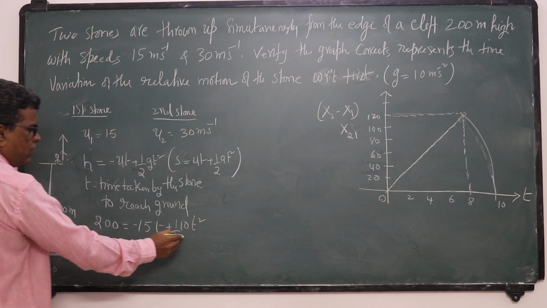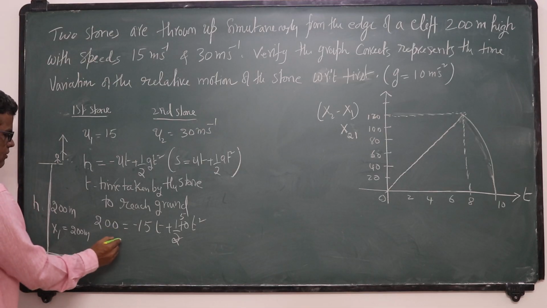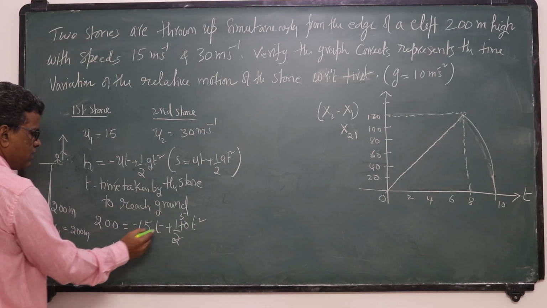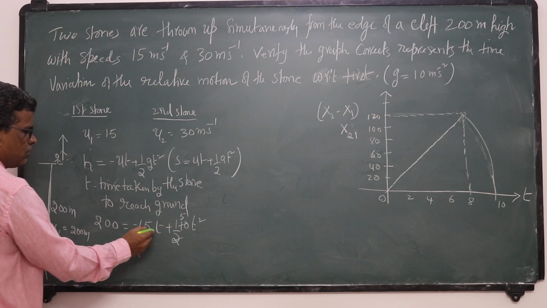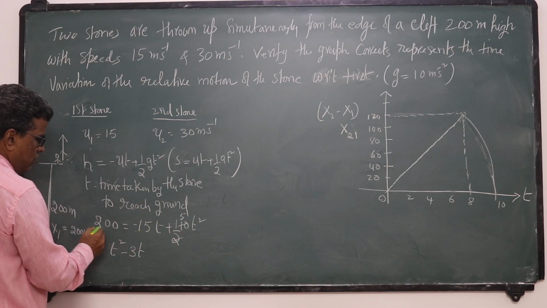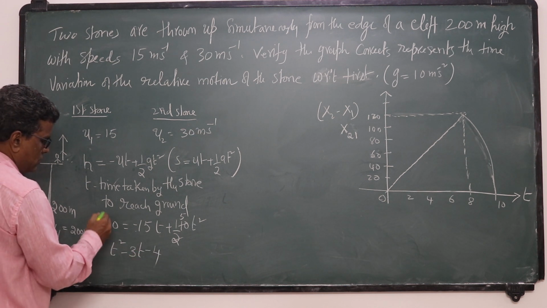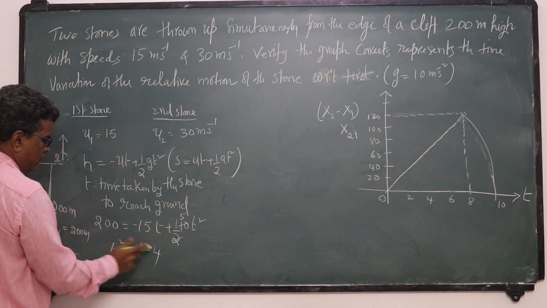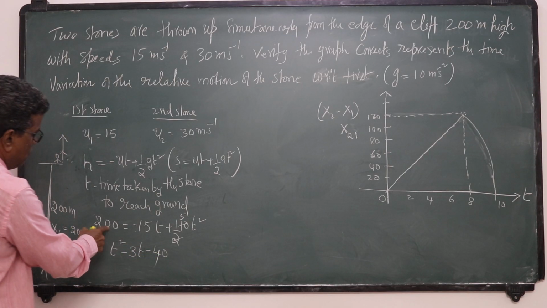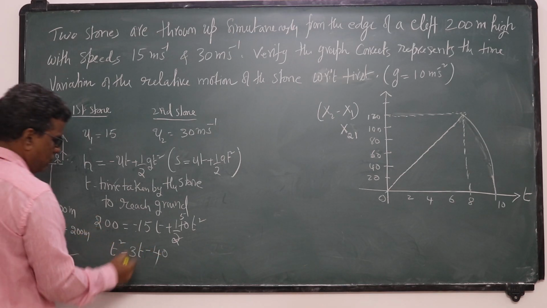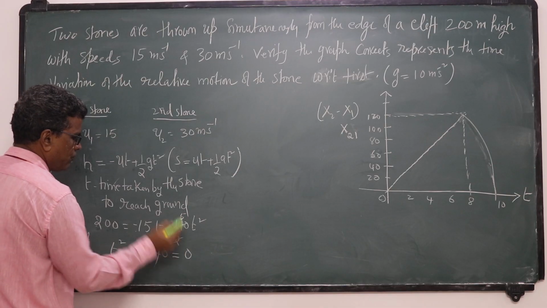So 5, you cancel fifth table, t square minus 3t. You bring this side, fifth table you cancel, minus 5 fours are 20, 40. So this becomes 0.